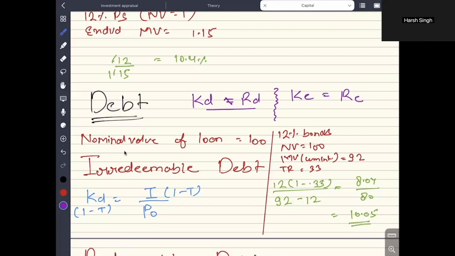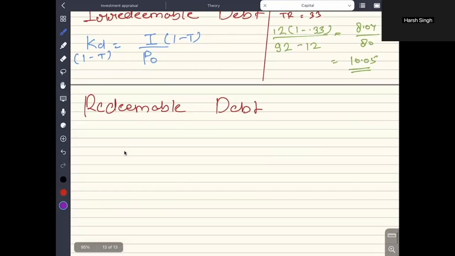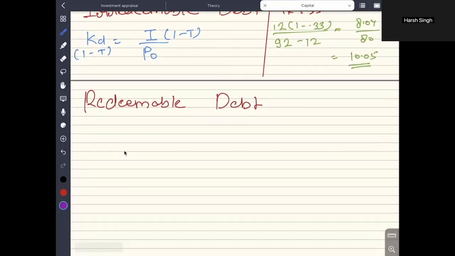There is something called the tax difference. That is why cost of debt and return on debt are not always equal. So if the question is asking to find the return on debt holders, you will not consider 1 minus T. You will only take Kd, only I.